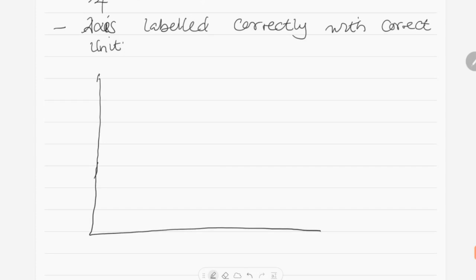Make sure that you indicate with the arrows like that, the x-axis and also the y-axis. So time, indicate that this axis is for time, you label it. And as we know, time is measured in seconds, so you put S there.